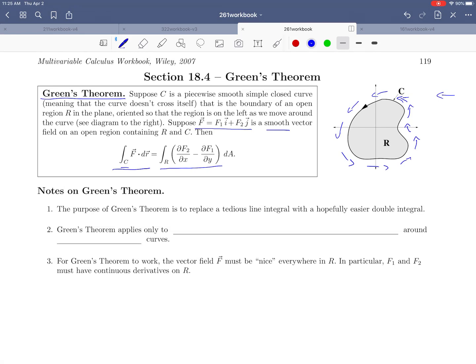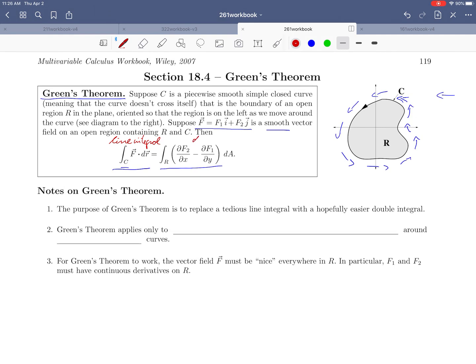So that's what has to be true about the vector field. It has to be nice and the partial derivatives have to be nice. And if that is the case, then we have this nice result that the line integral on the left can be replaced with hopefully a nicer double integral that's on the right.